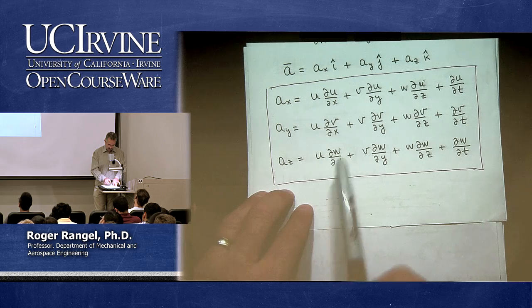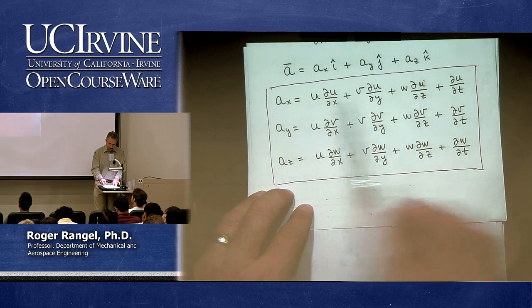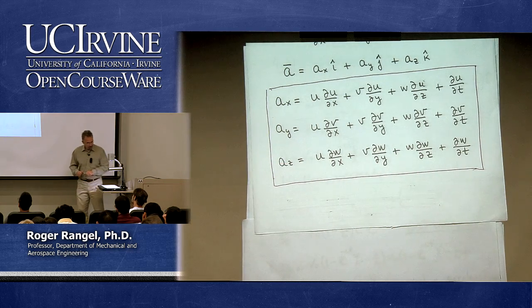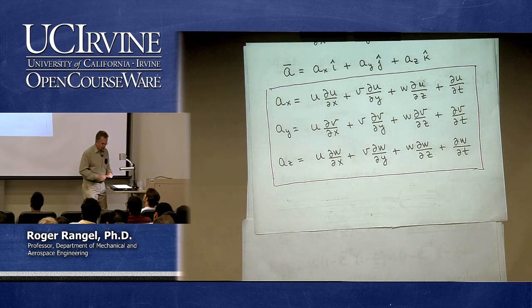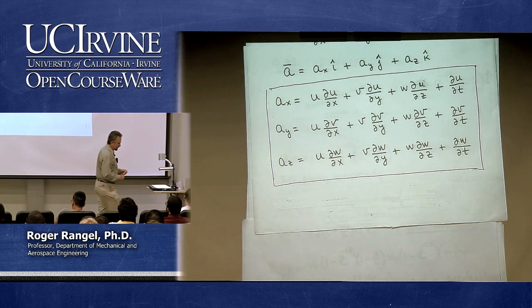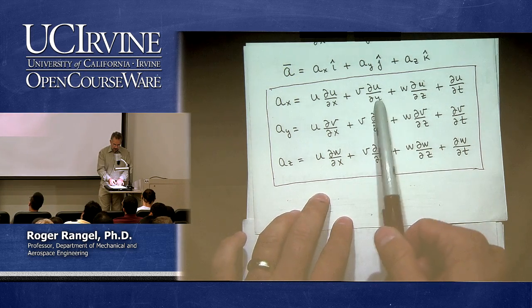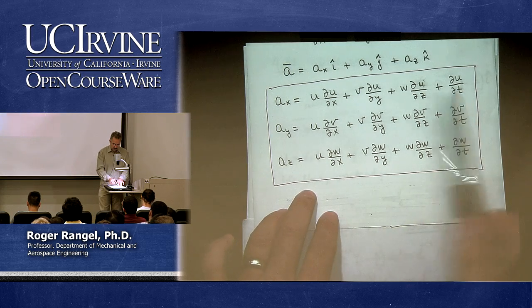Those are all 0, and the w is all 0. So all there is is this. In fact, if I look at these four terms, only two will survive, the first and last, because the u velocity as given to me doesn't change with y, and it doesn't change with z. But I know it does change with t and x.